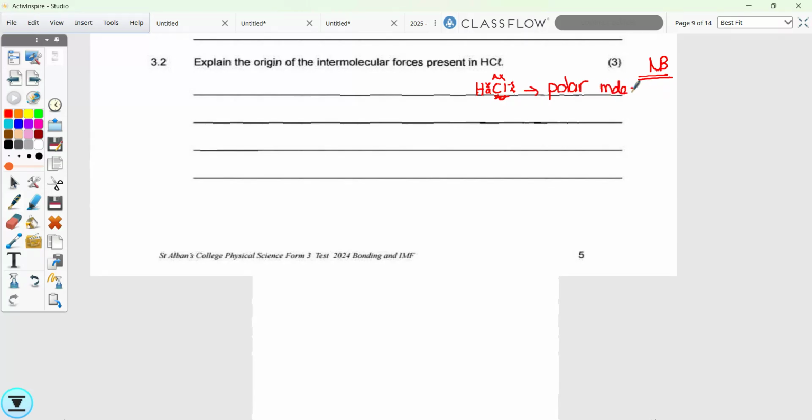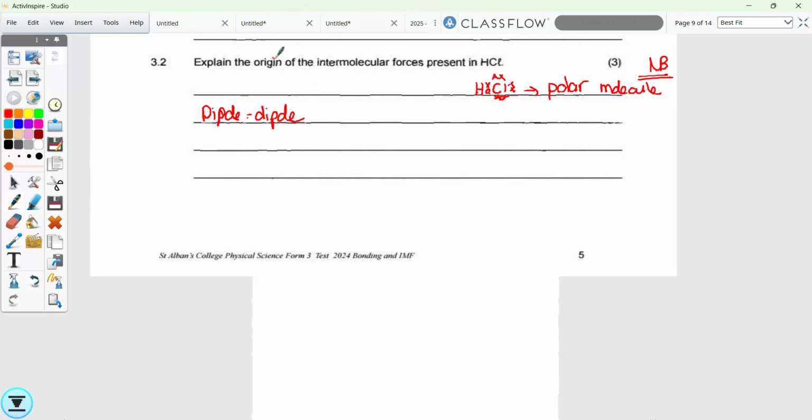If it's a polar molecule, I've got two choices, which is dipole-dipole or hydrogen bond IMF. But this is hydrogen, but is it a hydrogen bond IMF? Why not? Because it's chlorine. Good. So it is going to be dipole-dipole IMF.